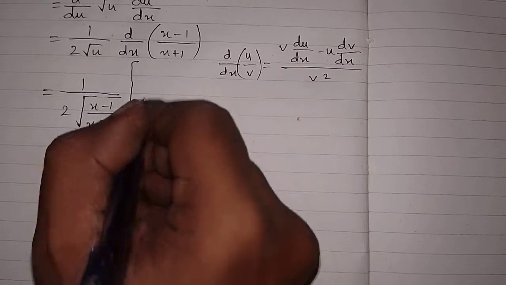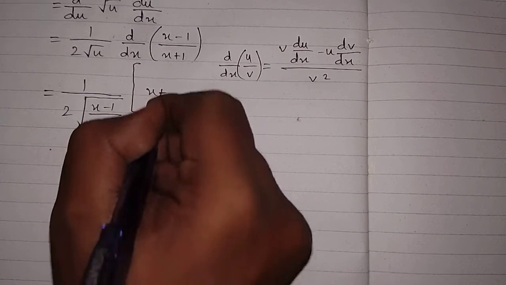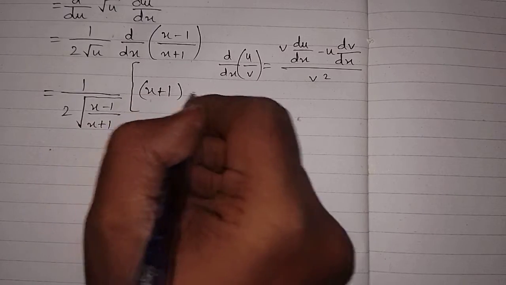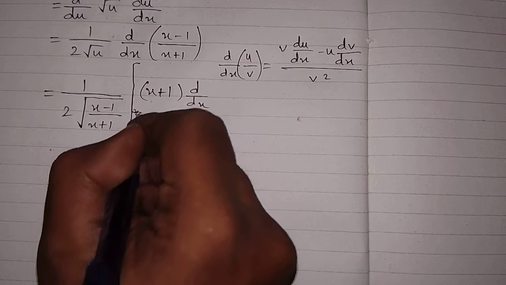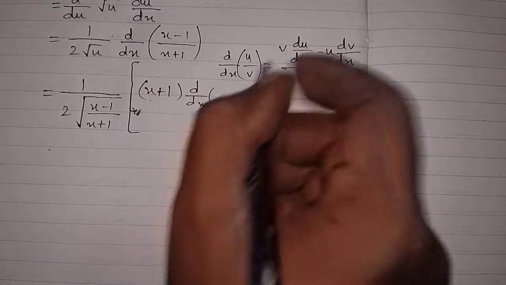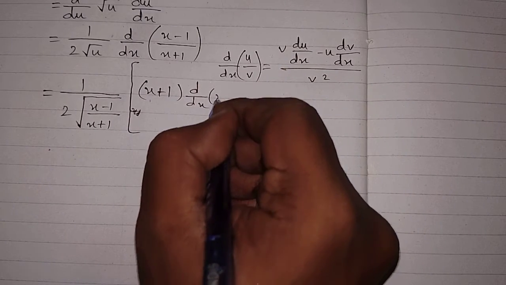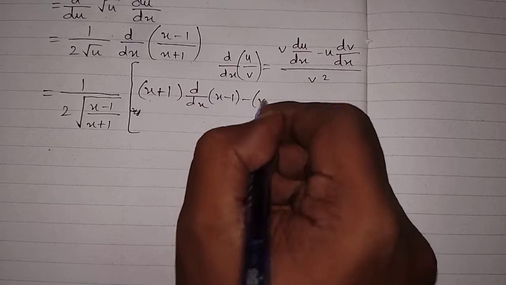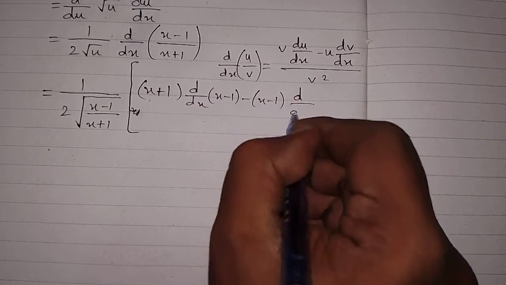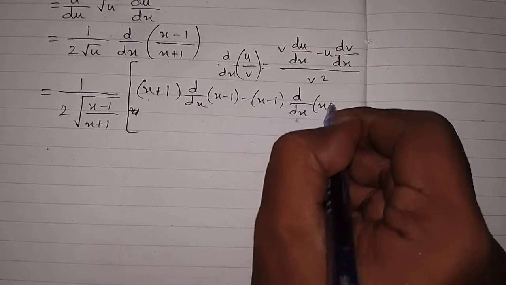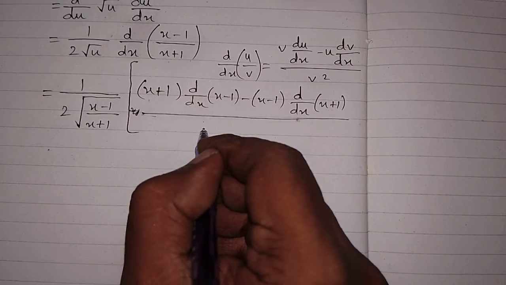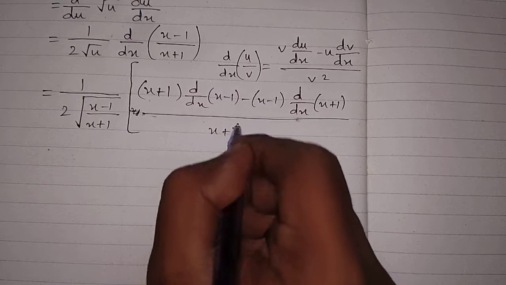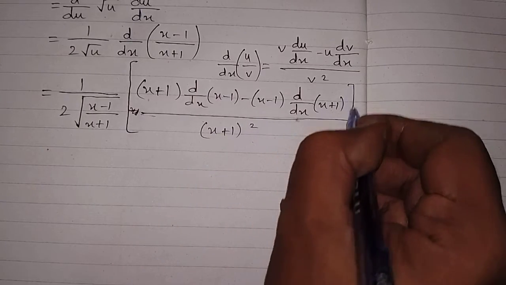So first we will write v, which is x plus 1, multiply by the derivative of u, which is x minus 1, then minus (x minus 1) multiply by the derivative of x plus 1, upon (x plus 1) whole square.